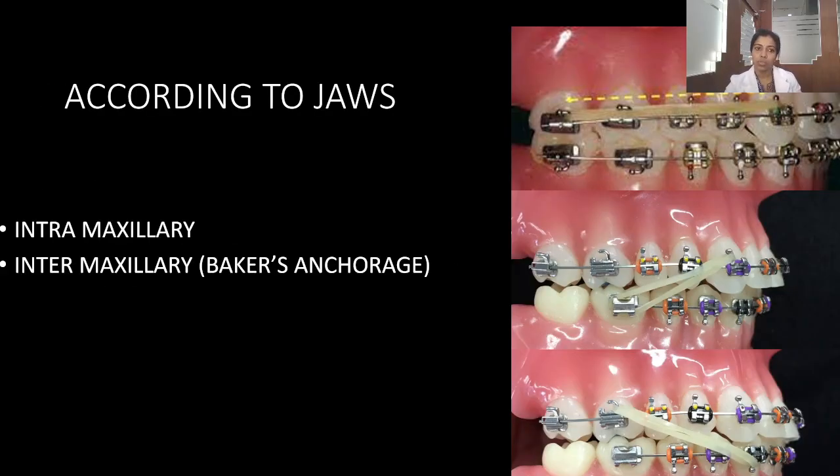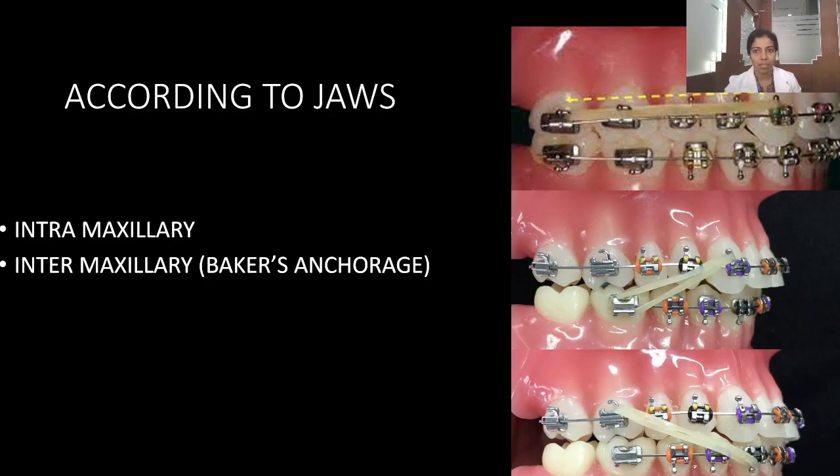And according to Joe, the anchorage can be classified as intramaxillary anchorage and intermaxillary anchorage. So intramaxillary means within the same arch. If the moving tooth and anchorage tooth are in the same arch, for example in the maxilla, it is intramaxillary, or in the mandible it is also intramaxillary.